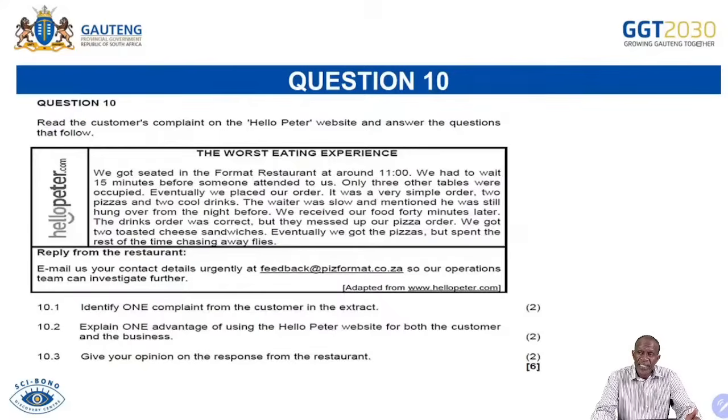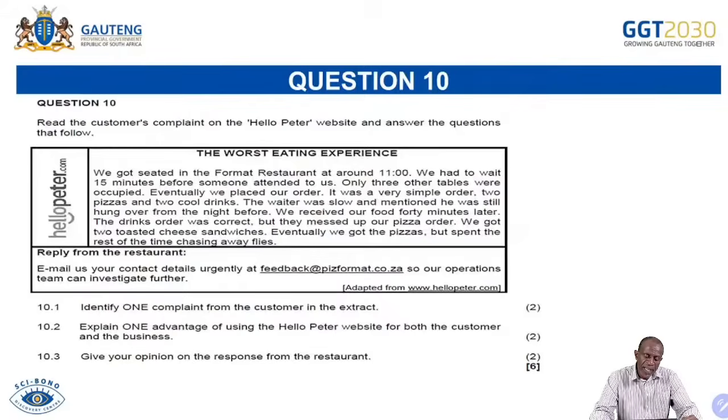Also, what you can provide as an answer is that they received sandwiches instead of pizzas, that is the wrong order. And when they received their pizzas, they were in a bad state, they had to chase away flies. So it means it was not in a healthy condition.